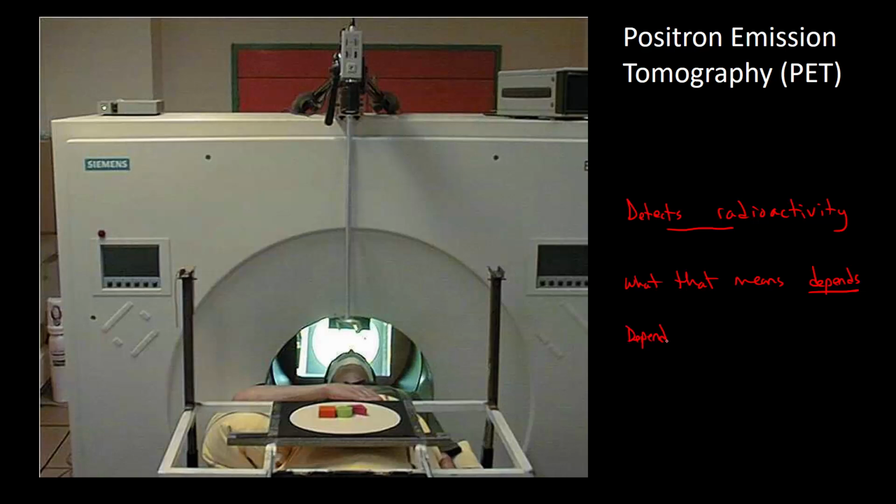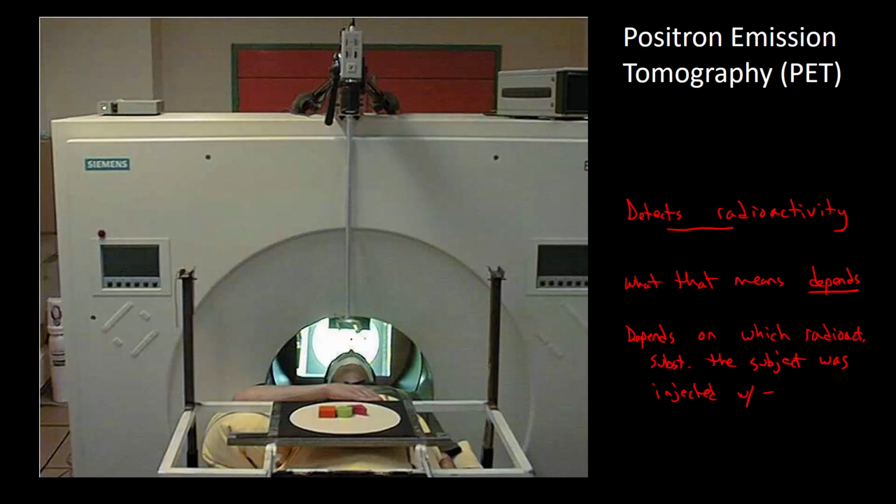So, what the radioactivity is depends on which radioactive substance the patient or subject was injected with. Okay? So, all we're doing with PET is detecting radiation. That's it. Okay? Don't forget that. We're detecting radiation. What that means, our interpretation of it, depends on what we're injecting with.